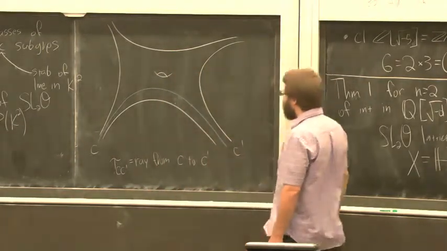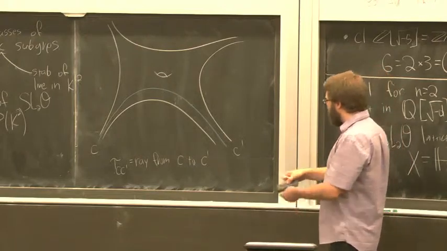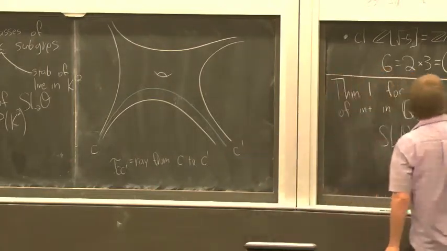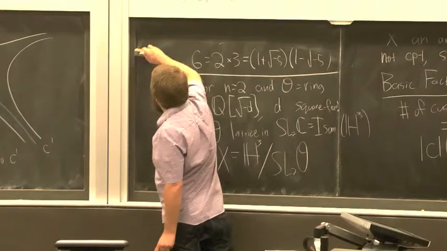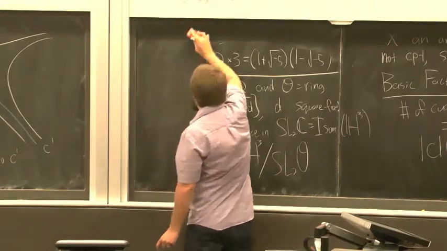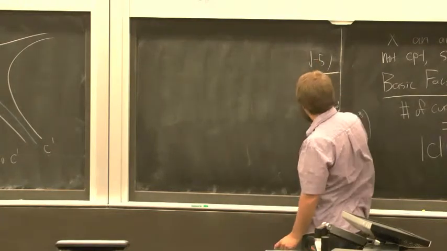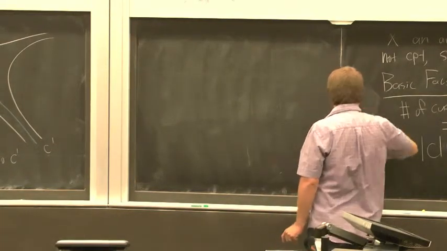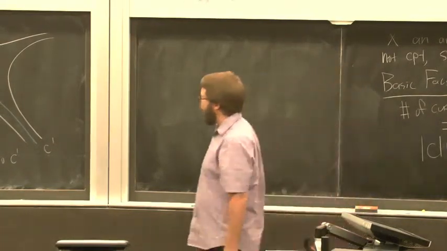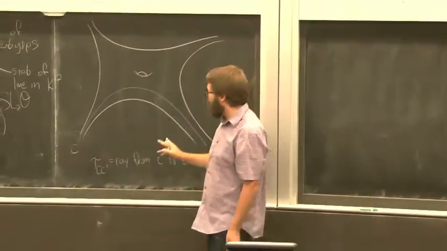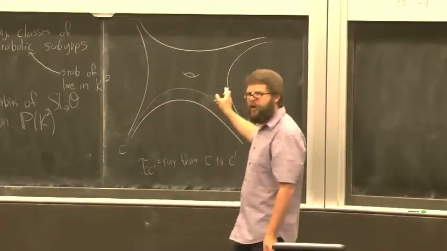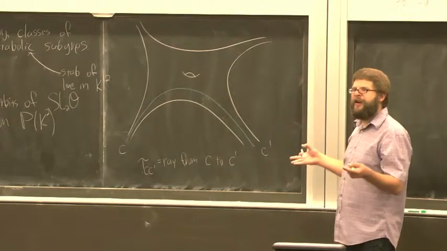Now, this is an embedded real line. It doesn't define an element of homology exactly because it's not compact. But you can do one of two things. Either you can chop off the cusps, in which case this becomes a relative one-cycle, or you can look at locally finite homology.